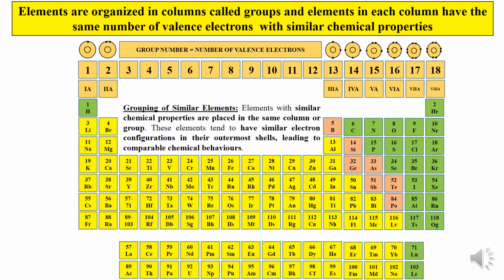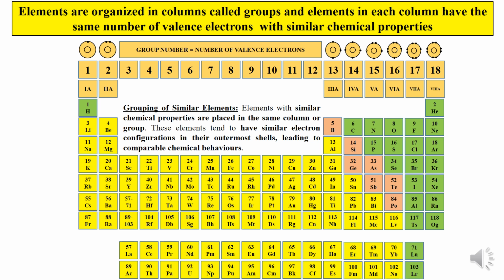For example, group 1 elements like lithium, sodium, potassium will have similar chemical properties because they have only one valence electron in their outermost shell. And in case of group 2 elements, they have 2 valence electrons. And group 2 elements like beryllium, magnesium, calcium, strontium, barium will have similar chemical behaviors, or they behave in a similar way because of their similar electronic configuration in their outermost shells.